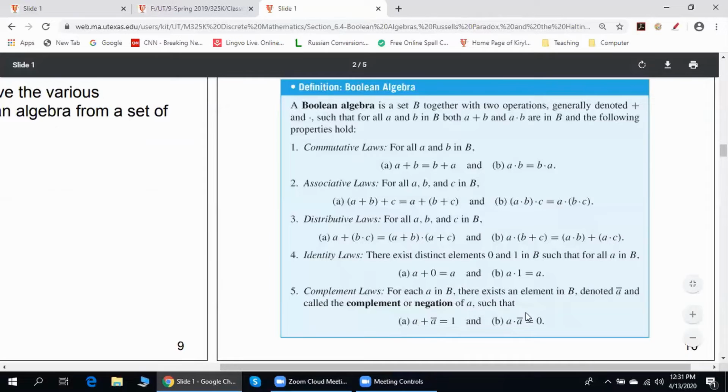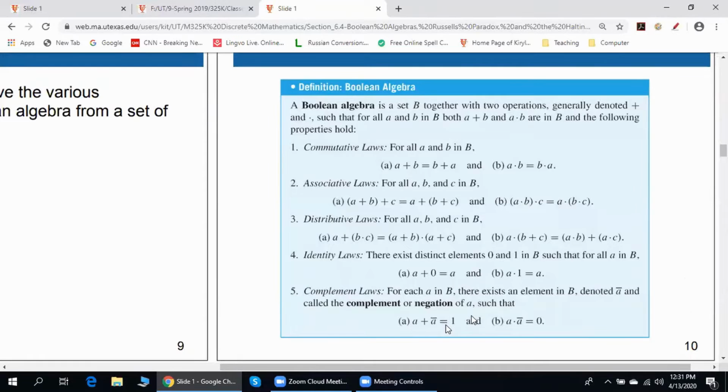Now, talking about logic, 5A means what? In logic, that would mean A or A negation is equal to true. So let us be a little bit more precise. P or negation of P is equivalent to tautology.